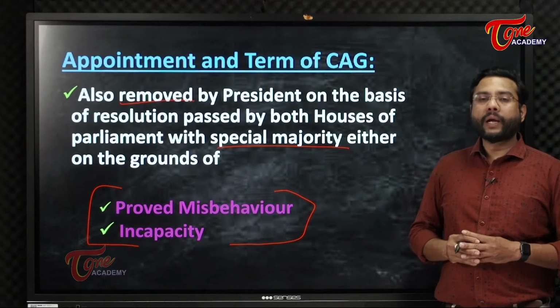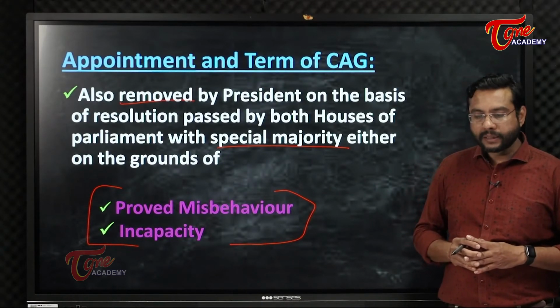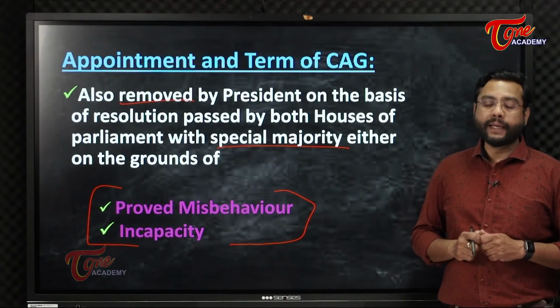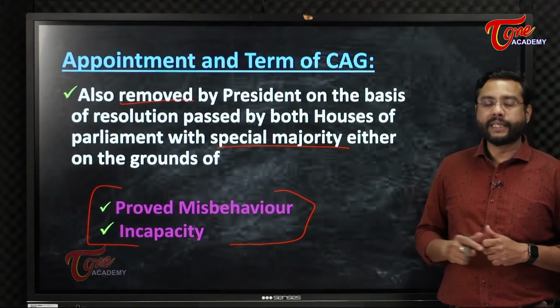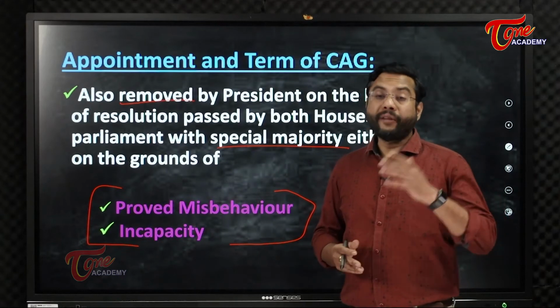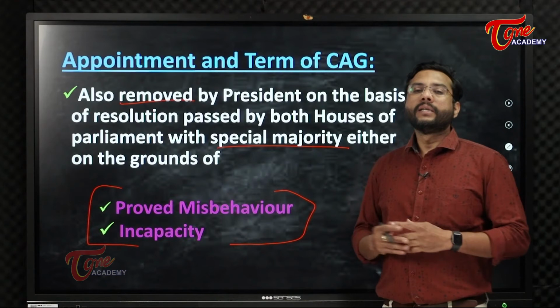And that is the reason why we have given such importance to the office of CAG, because he is under a lot of pressure when he audits the expenditures of the central government or state government, because governments come and go, but a previous government's audit can also be checked by the CAG.